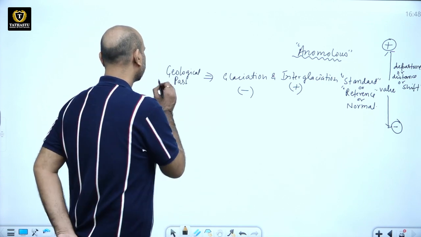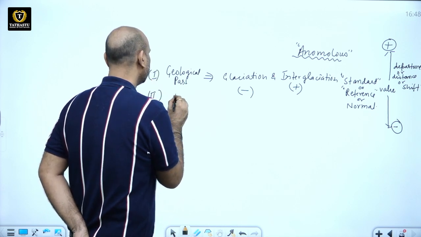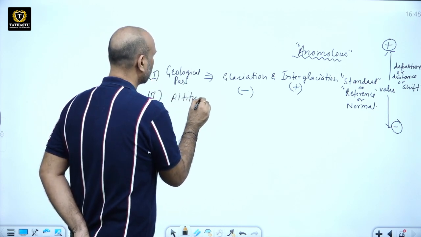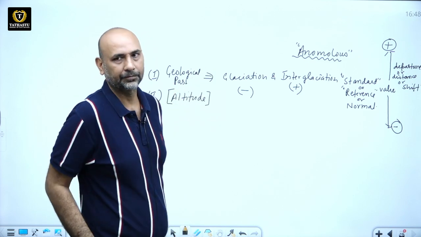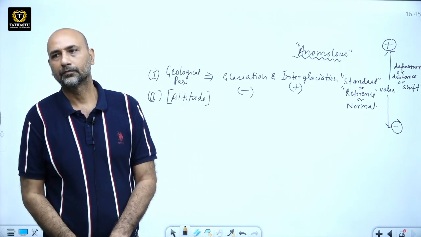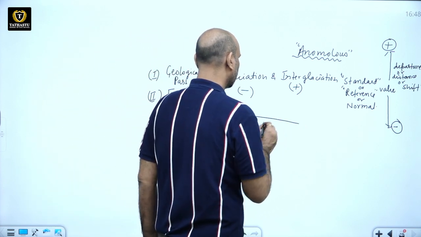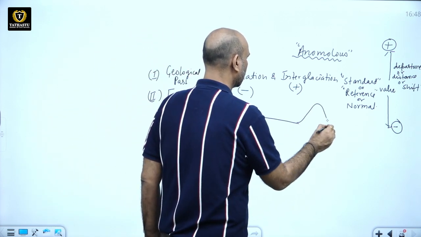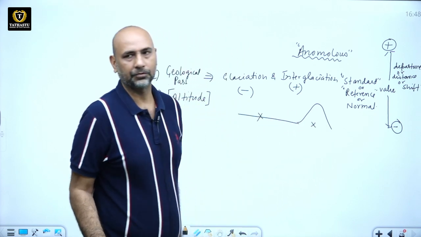Second is altitude, which is also a source of anomalous temperature. These two places are located at the same latitude.